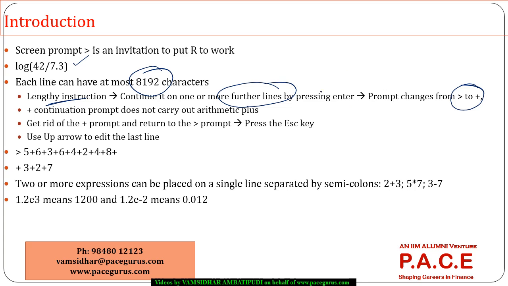Up and down arrows will take you to your last executed instruction. This is how you can plan out your incomplete stuff, which you can take to the next line, and the next line will start with a plus prompt, and you can complete it to get a different kind of expression.